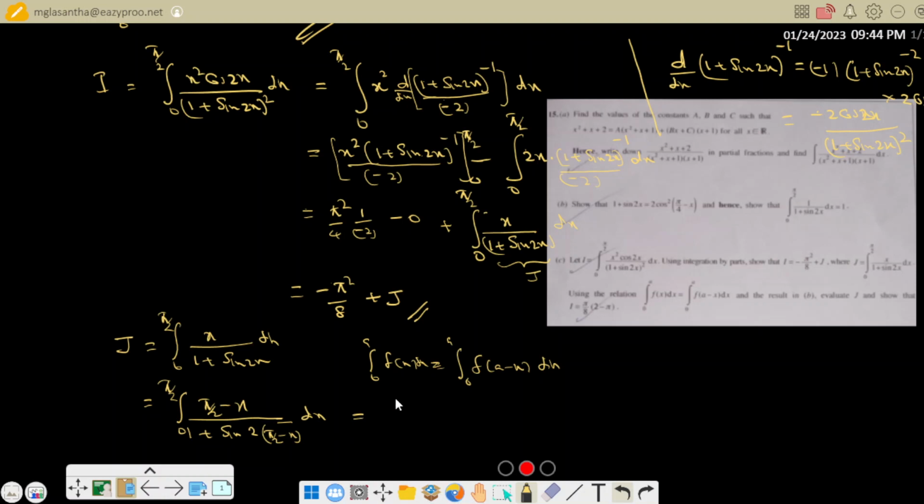So again 1 plus sine(pi minus 2x) is just sine 2x dx.